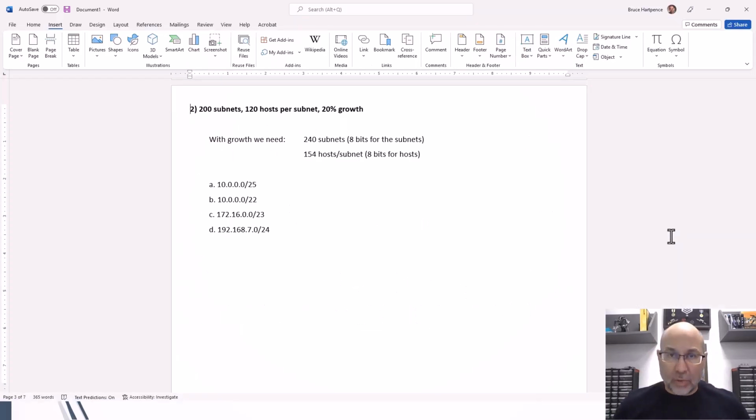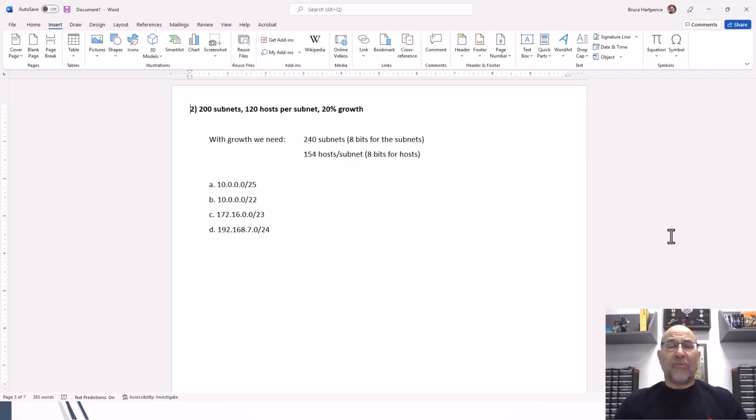The thing that's going to get us is the growth. So 200 subnets and 120 hosts per subnet with 20% growth means that in the end, you'll need about 240 subnets and 154 hosts per subnet. For 240 subnets, if we did 7 bits like in the last problem, that would be 128. So we need 8 bits so that we can create all of our subnets.